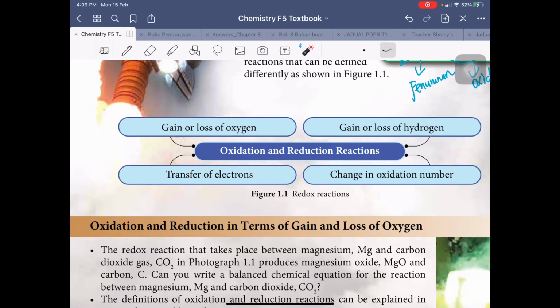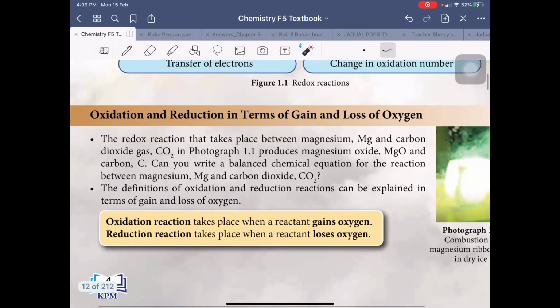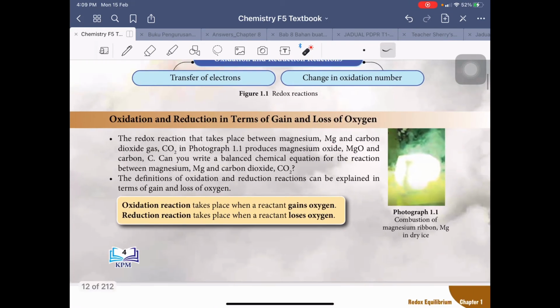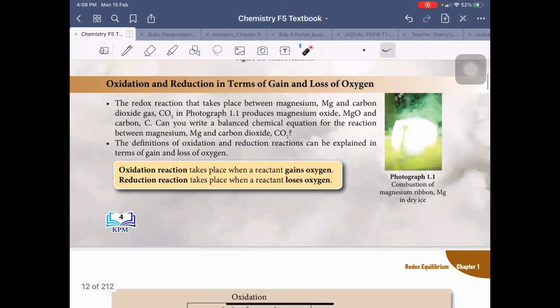In today's topic, I'm going to focus on the first term first, which is gain or loss of oxygen. Okay, let us look at the first term here. Oxidation and reduction, pengoksidaan dan penurunan in terms of gain or loss of oxygen. Dari segi menerima dan juga kehilangan oksigen.